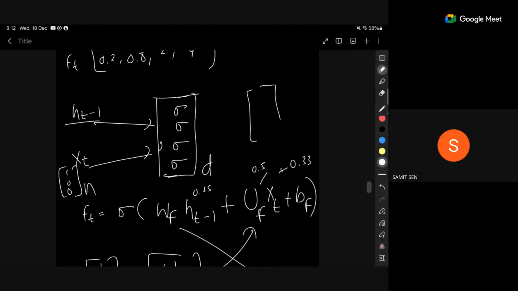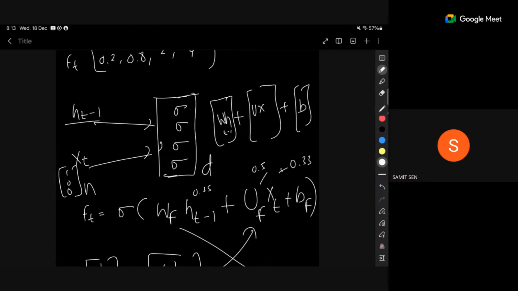So this is from B, this is from UX, this is from WHT minus 1. You add these three vectors and apply the sigmoid over it.